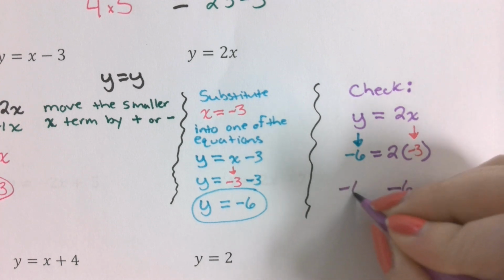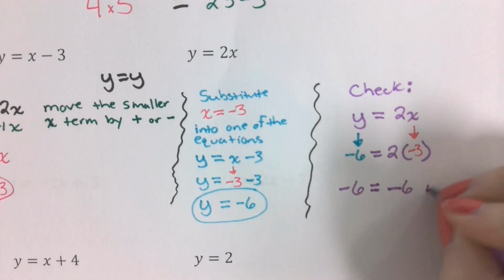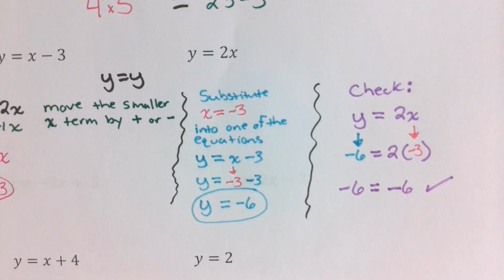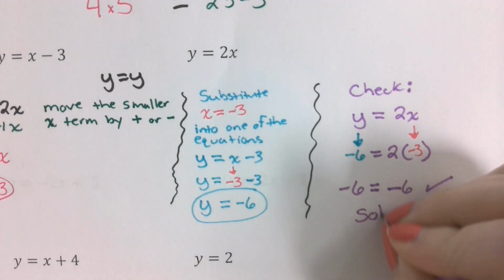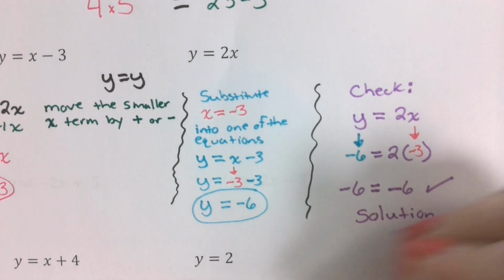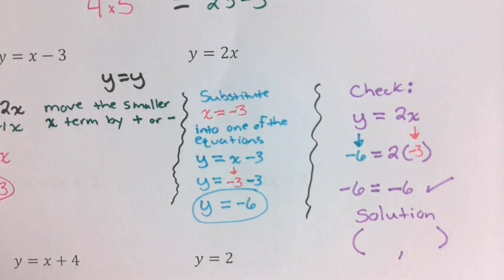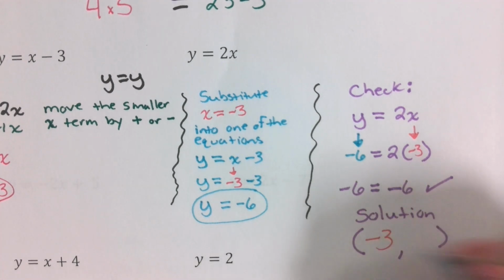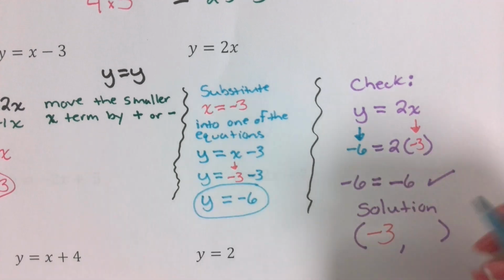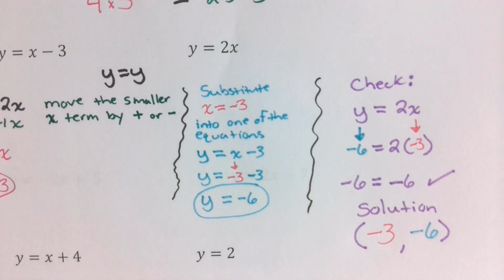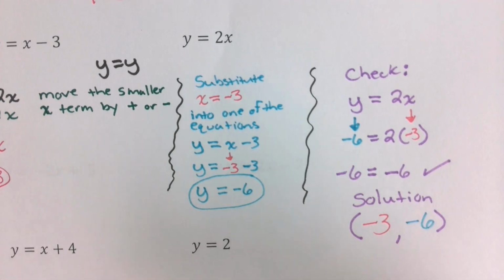And so if I get that -6 is equal to -6, that is a true statement, then that means I have my solution now. My final solution that works for both equations, both parts of the system, is -3 for my x value and a -6 for my y value. And there's my solution.